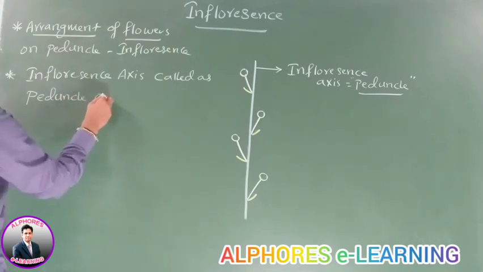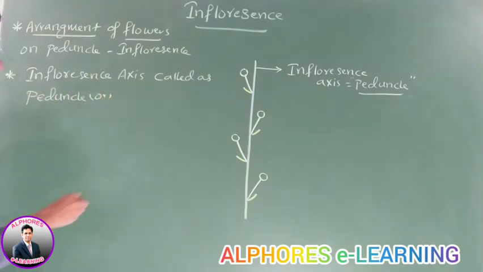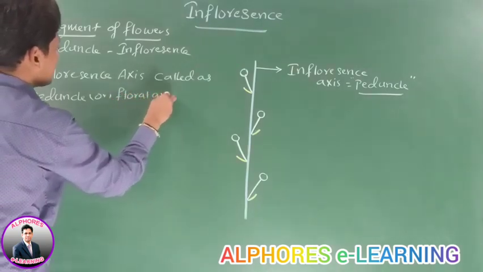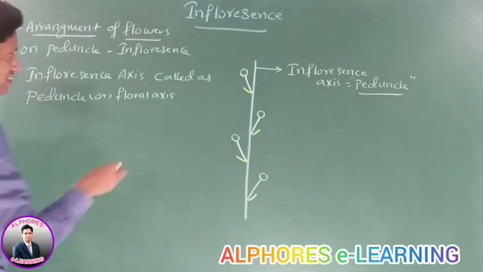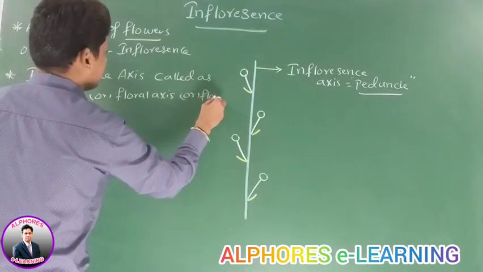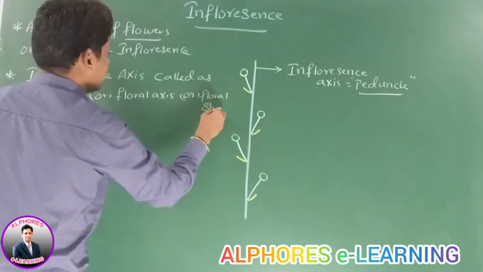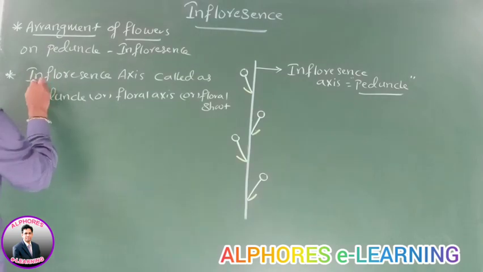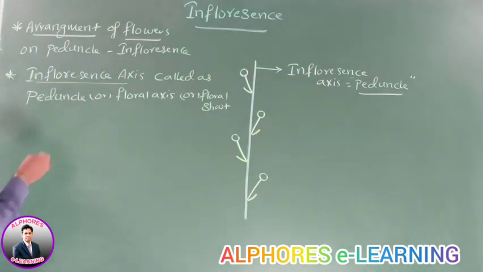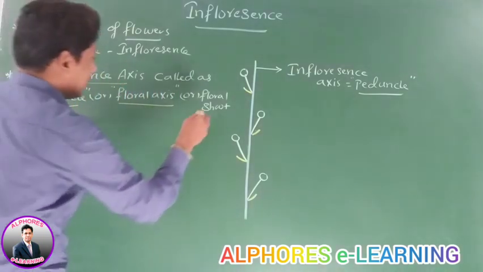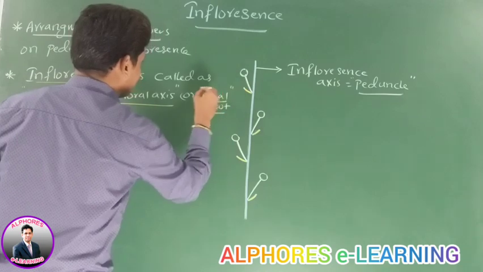It is also called a floral axis. It is also called a floral shoot. Is this statement okay? Therefore, the inflorescence axis is also called a peduncle, also called a floral axis, also called a floral shoot.